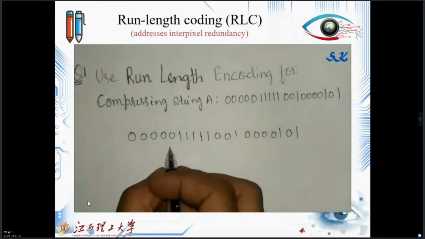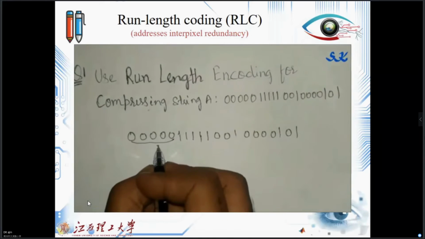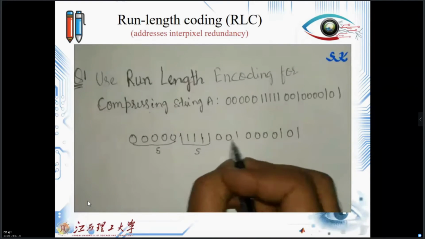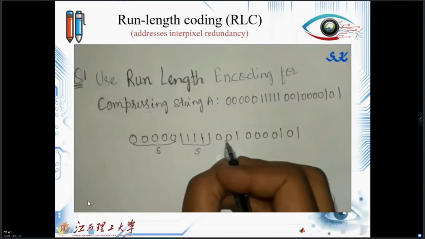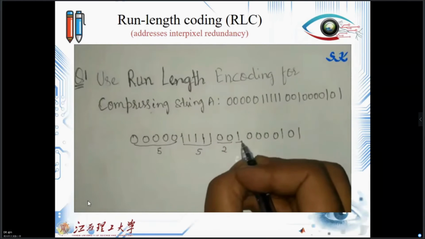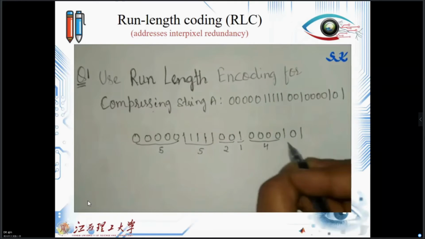First thing is that we should count how many zeros I have. I have 5 zeros here, and similarly 5 ones. Then 2 continuous terms, we just calculate. We have 1 one. Again, continuous 0 is 4, 1 one, 1 zero, and 1 one that we have.